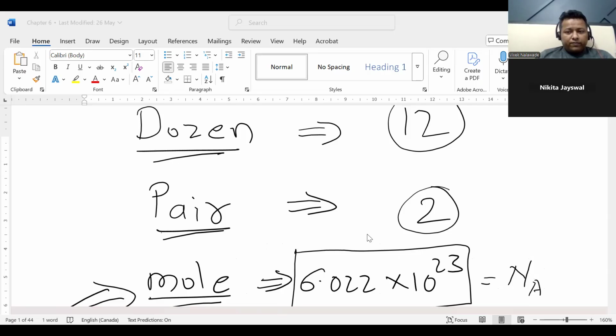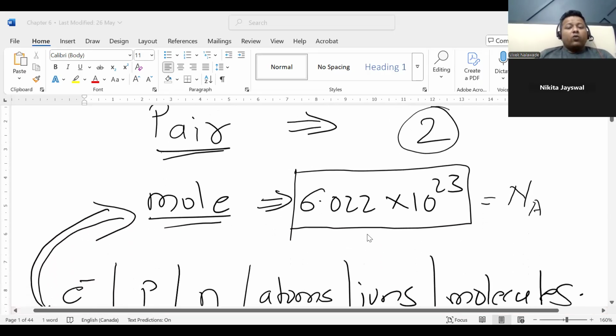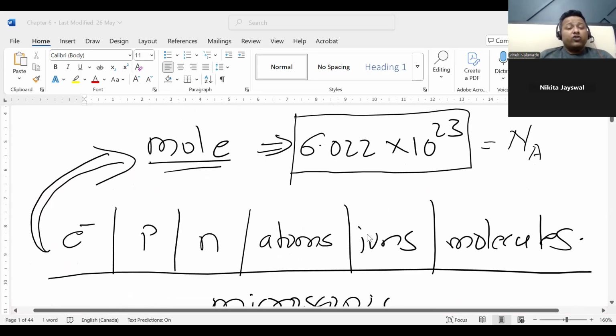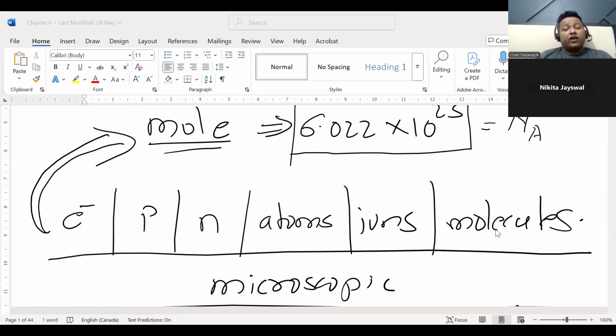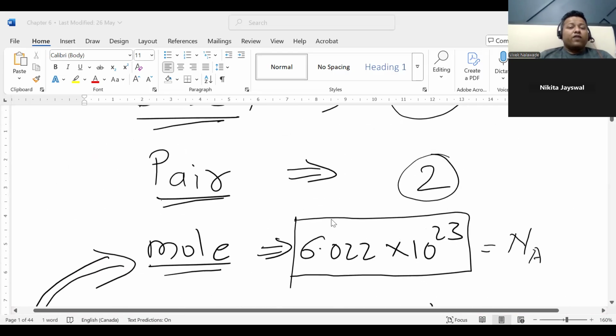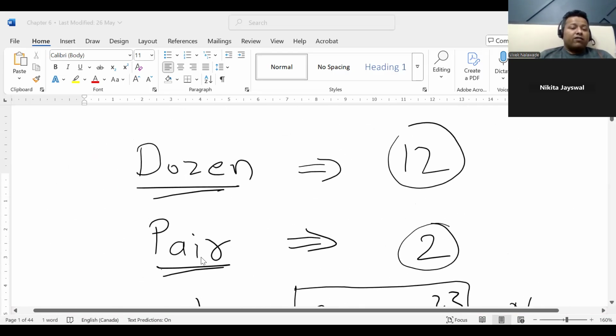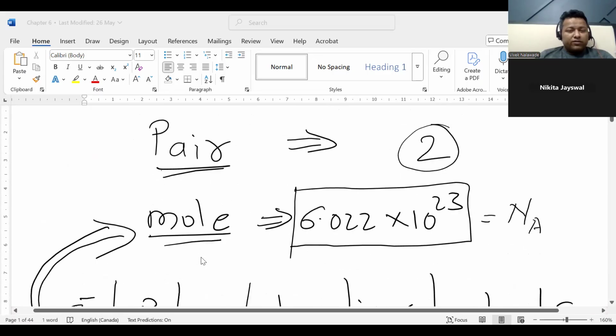Because that's such a huge number, it is only used for microscopic entities like electrons, protons, neutrons, atoms, ions, molecules. We don't use mole for macroscopic entities. For that, dozen and pair are more than sufficient.